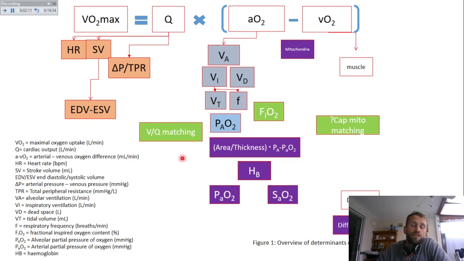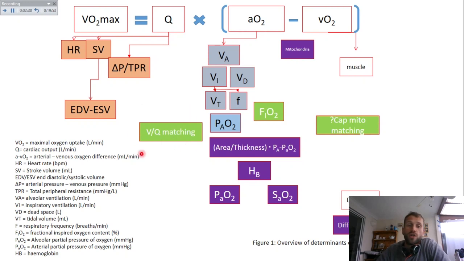There are other important factors which you're less likely to know at this point. So things related to VQ matching, which we're going to talk about a little bit in some of our disease lectures. VQ matching is the ratio between how much you ventilate and how much you perfuse your lungs with blood.